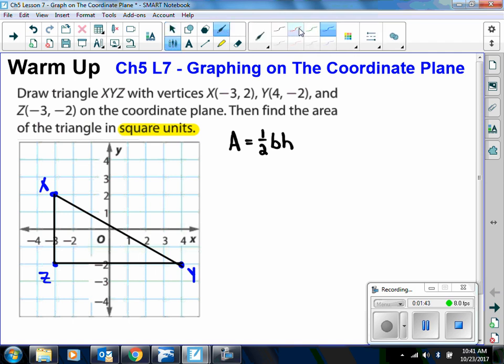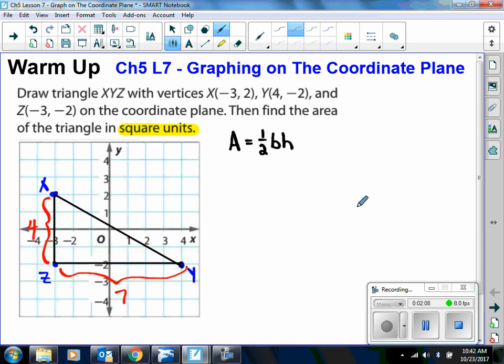So we have to look over here to see what is the base. The base down here is how many units? 1, 2, 3, 4, 5, 6, 7. That's 7 units. Up here, we want to find the height, which is 1, 2, 3, 4 units.